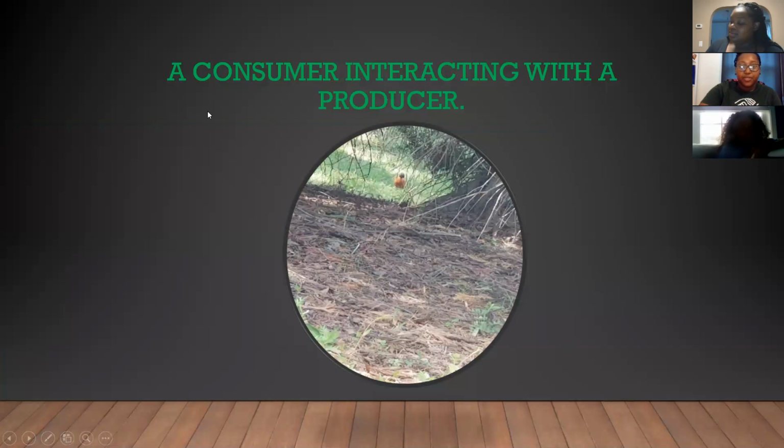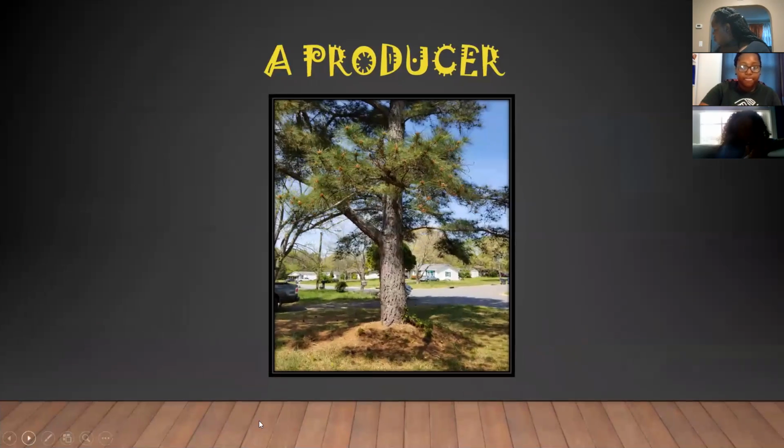And here's another picture, a consumer interacting with a producer. The consumer would be this bird here. This tree is considered a producer. This is actually a pine tree, and there are pine cones on this tree.